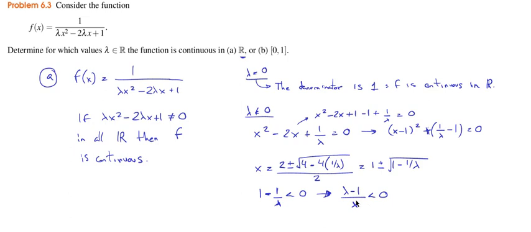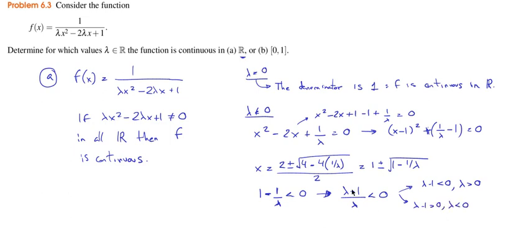In order for this to be negative, the numerator and denominator must have different signs, so there are two possibilities. Lambda minus 1 smaller than 0 and lambda greater than 0, or lambda minus 1 greater than 0 and lambda smaller than 0.